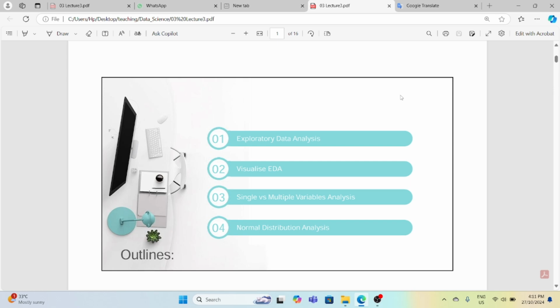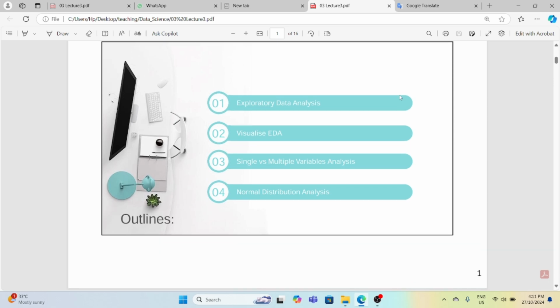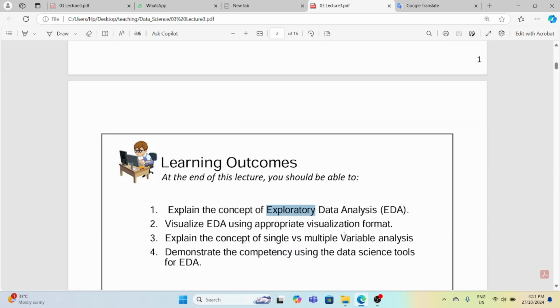The outline of this lecture is: number 1, exploratory data analysis; 2, visualize EDA; 3, single versus multiple variable analysis; and number 4, normal distribution analysis.